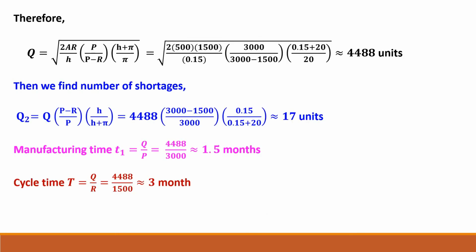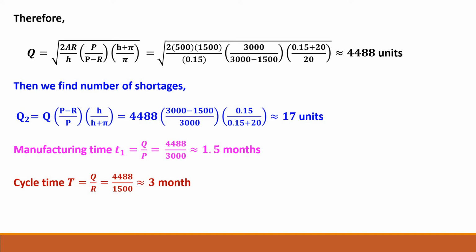Let's see. Optimum production quantity Q. We know the closed form as square root of 2AR upon H into P upon P minus R into H plus pi upon pi. Substituting values of A, R, P, H and pi, we get 4,488 units.